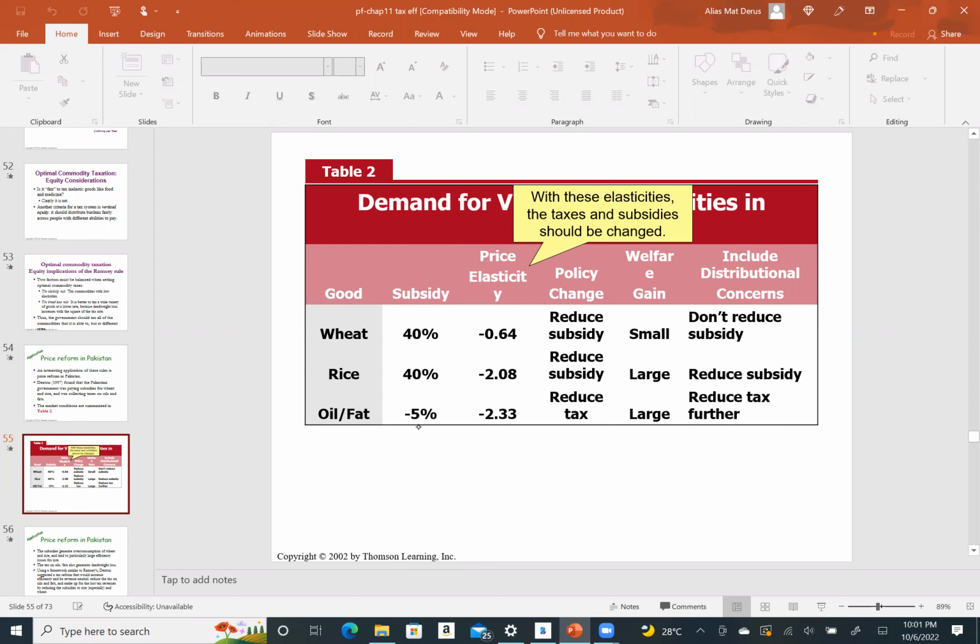The tax is 5%. Now you look at the price elasticity. You don't worry about the other part, you just worry about the two columns. I want you to relate the price elasticity of demand to the current policy.